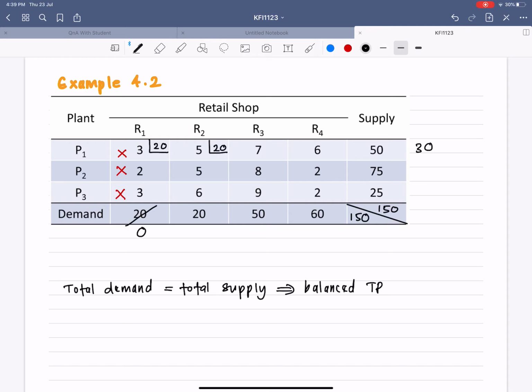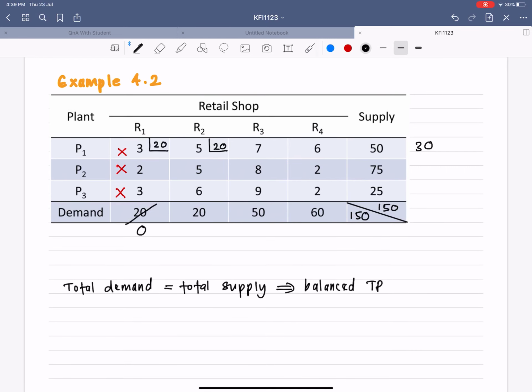Okay. So 20 minus 20 is 0, and then 30 minus 20 is 10.